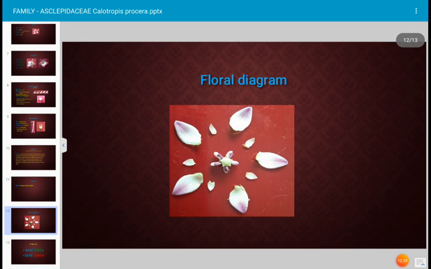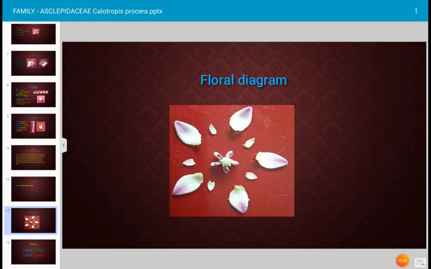This is the floral diagram of Calotropis procera. This is an incomplete diagram. Actually, we have to show a section of the ovary. Therefore, the floral diagram of Calotropis procera you have to take from books only. This is incomplete.